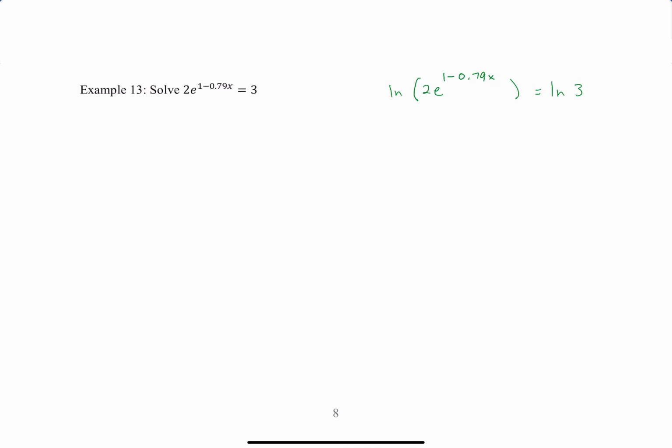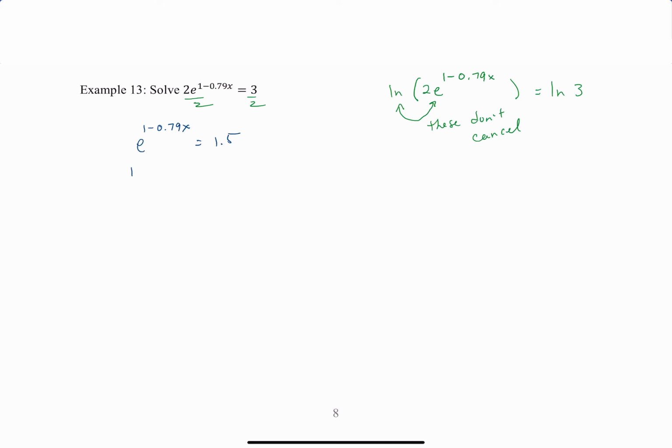So these don't cancel because of the 2. Okay, so let's start by dividing both sides by 2. That gives us that e to the 1 minus 0.79x equals 1.5.